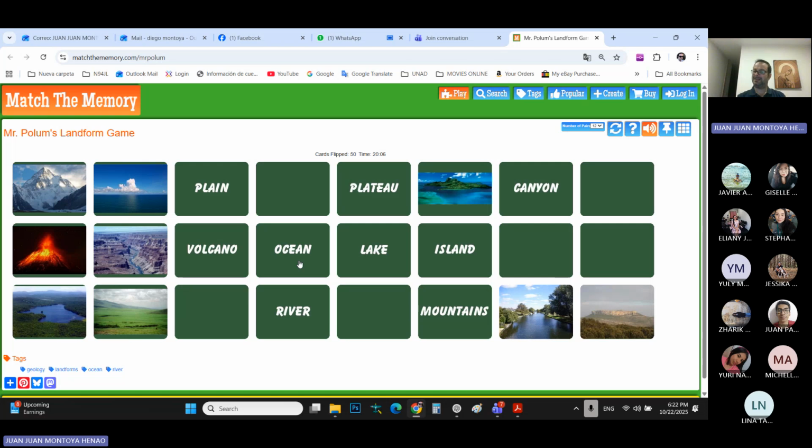Next one, please. Column 5, row 3. 3, 4, 5, 3. Valley. Column 3, row 3. Row 3. Ah, that is the coast. Yeah, that's the coast. Where was the coast?